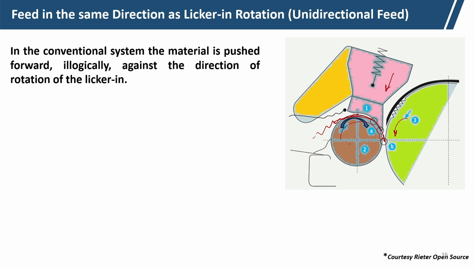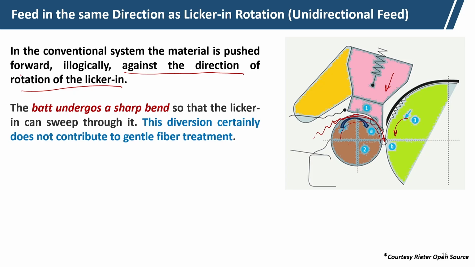In the conventional system, the material is pushed forward against the direction of the licker-in. So, it actually moves against the direction, okay. But in the modern feeding system, the material is fed towards the direction of the licker-in rotation. So, the bat undergoes a sharp bend in the conventional feeding.